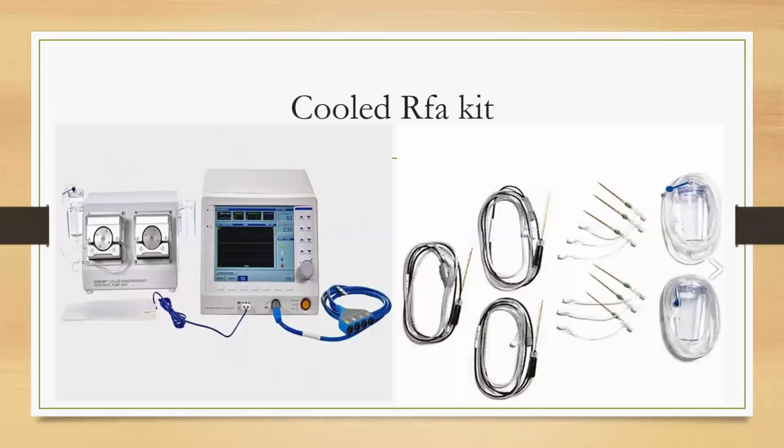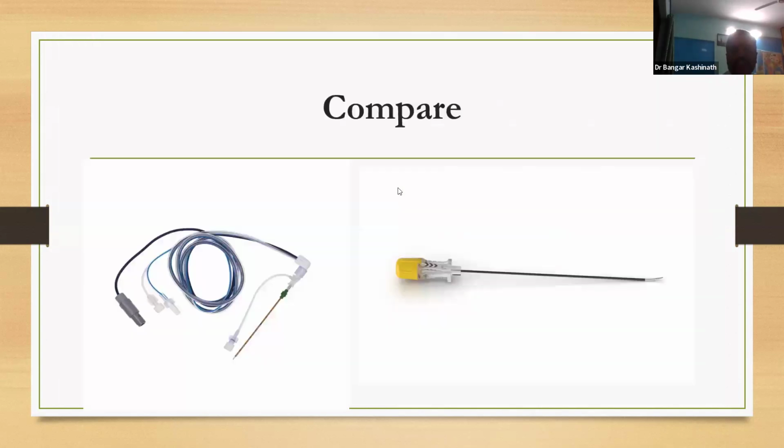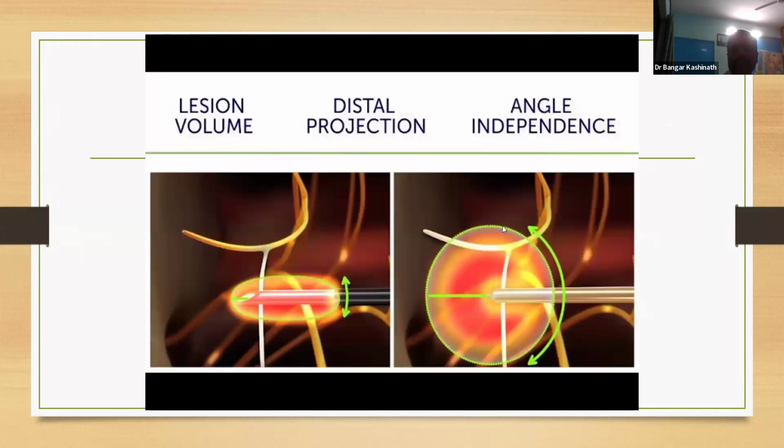Cooled radiofrequency will produce a larger spherical lesion, sir. Okay, correct. And in conventional radiofrequency, the lesions will be ellipsoid in shape. Cooled radiofrequency is directionally independent. See, this is the lesion size of cooled radiofrequency ablation. Can you see this?